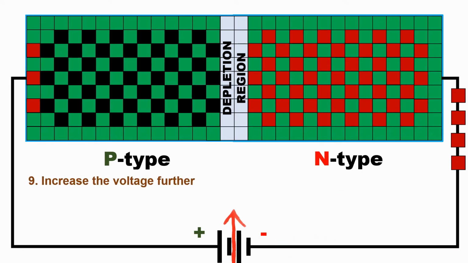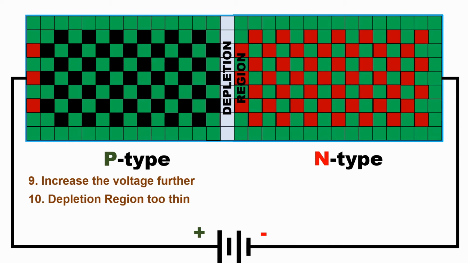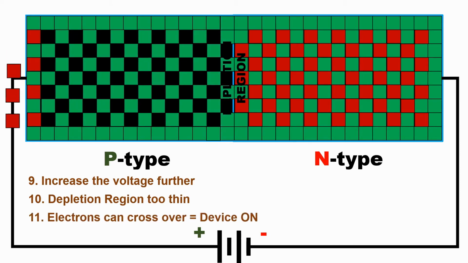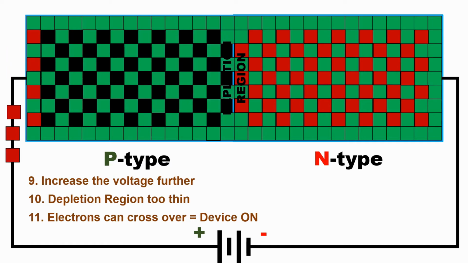So what we can see, it will push these electrons here into the depletion region, and now the depletion region will disappear altogether. And as you can see, the electrons start coming out from this side here, which can then flow back to the positive terminal of this power supply.